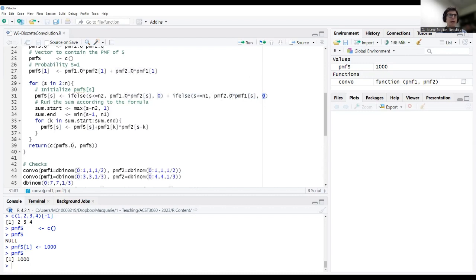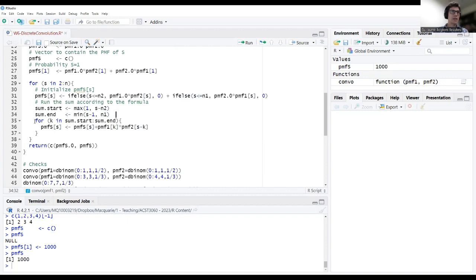Then I can implement the summation formula that starts at the maximum between 1 and S minus n2. I think in the formula I had written it in the other direction. And then it ends at the minimum between S minus 1 and n1.